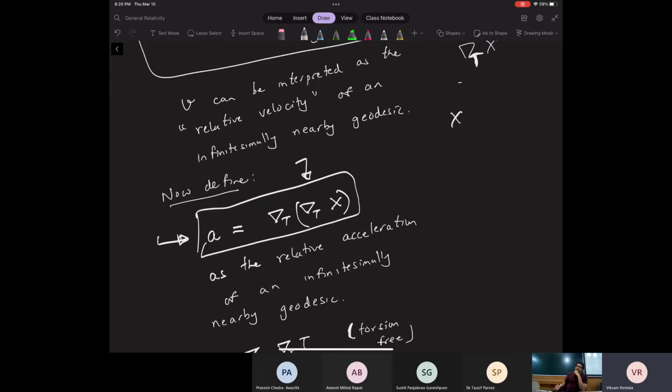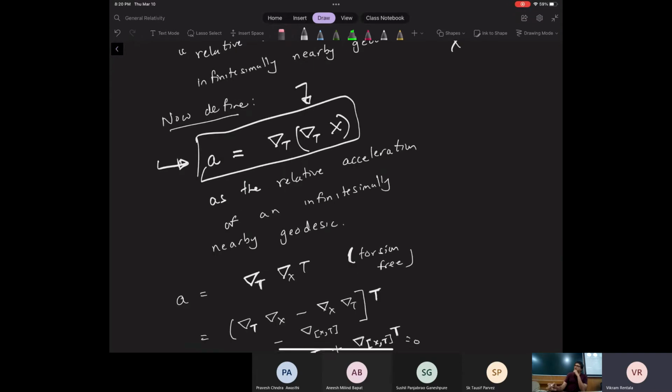Now what we can do is evaluate this using coordinate-free notation. If you look in any book, you will typically see this in coordinate-dependent notation. I want to show you the power of how to do this in a coordinate-free notation. The first thing that we'll use is the fact that we're using a torsion-free connection.